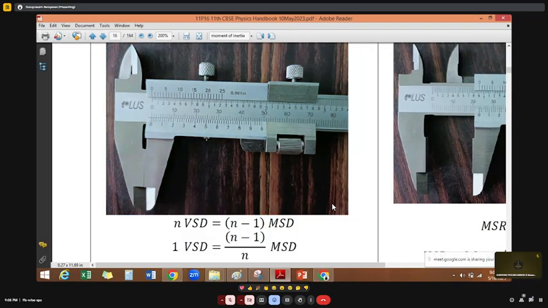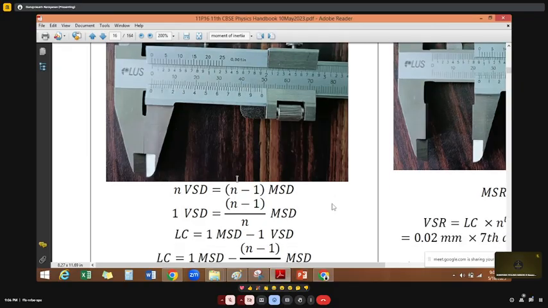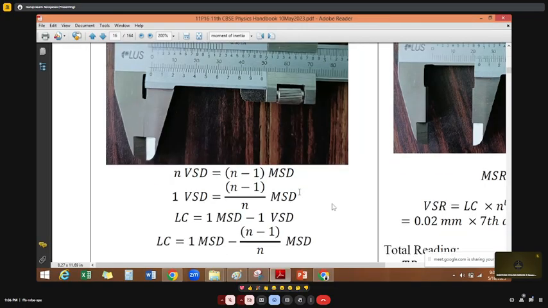Only if you know this, you will understand this concept. So the way the Vernier is designed is, the Vernier scale divisions will be more and the main scale divisions will be less to match this. So that means n VSD is equal to (n minus 1) MSD, Vernier scale, main scale.